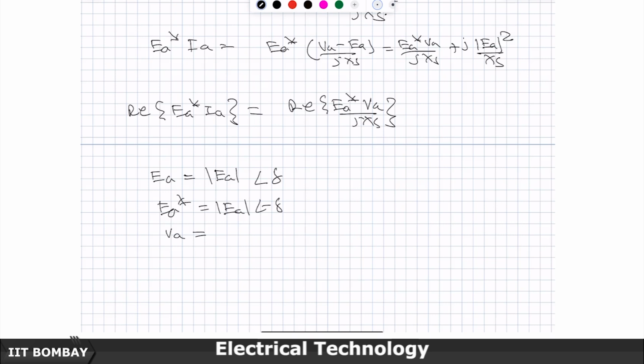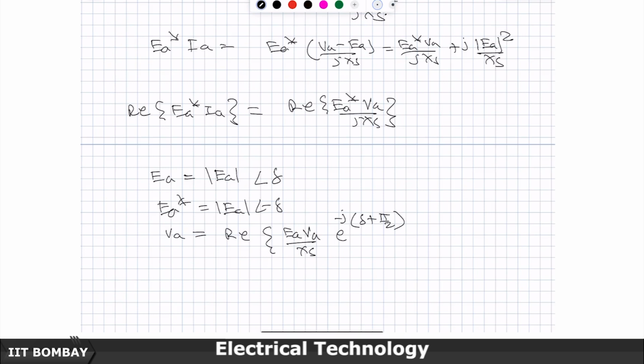So, then this term can be written as the real part of E_A, only the magnitude, V_A by X_S e to the power minus j, because E_A is just the length E_A into e to the power j delta, and E_A star is the same length E_A into e to the power minus j delta, and this 1 by j sitting here can be written as e to the power minus j pi by 2.